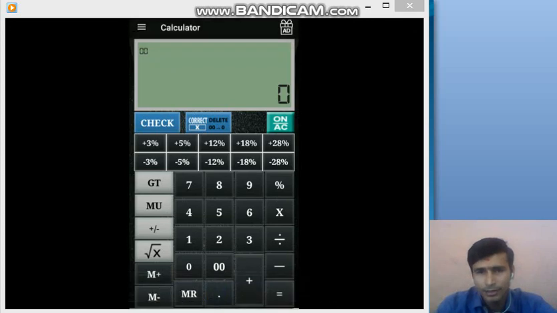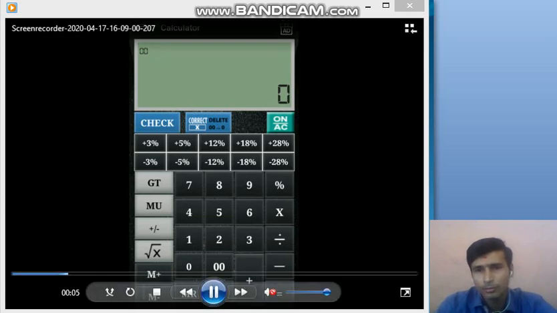Let us demonstrate. If you want to find the log of 2, step number 1, enter 2 in the calculator. Here the square root button is there.